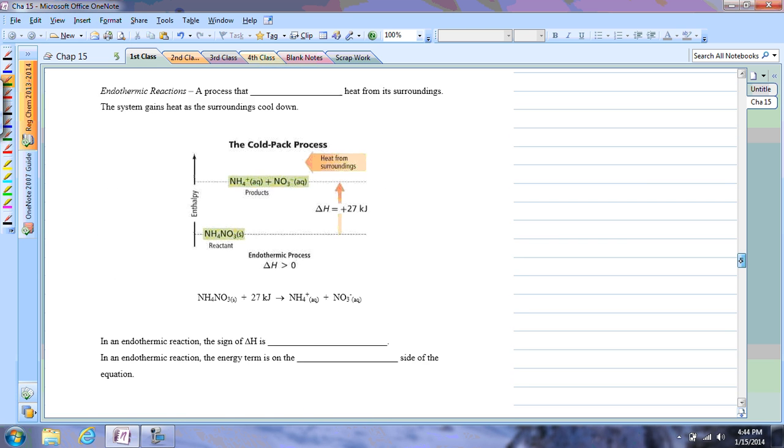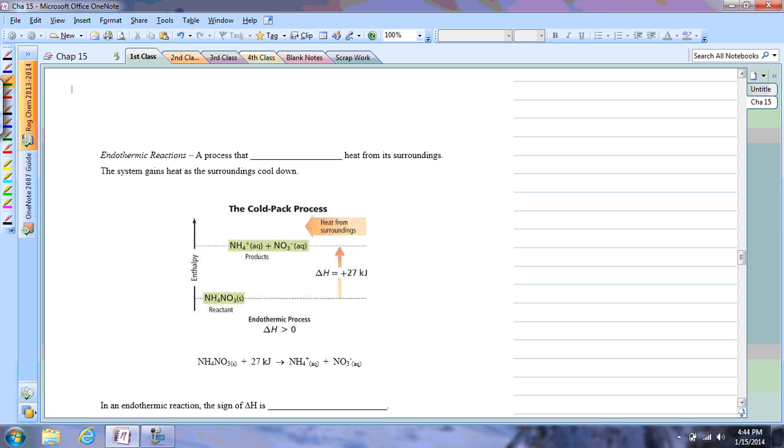An endothermic reaction is a process that absorbs energy from the surroundings. The system gains heat as the surroundings cool down. Here we have our reactant, ammonium nitrate, and it absorbs 27 kilojoules of energy in order to dissolve into ions in water.